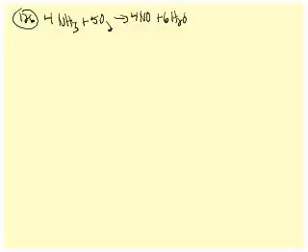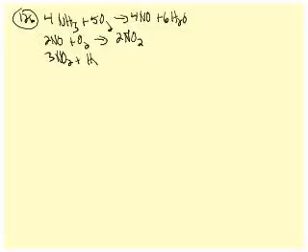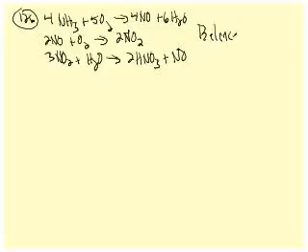So let's put them in the same order: 4NH3 plus 5O2 yields 4NO plus 6H2O, 2NO plus O2 yields 2NO2, 3NO2 plus H2O yields 2HNO3 plus NO. And I'd like to point out that all of these are balanced already, so that's nice.